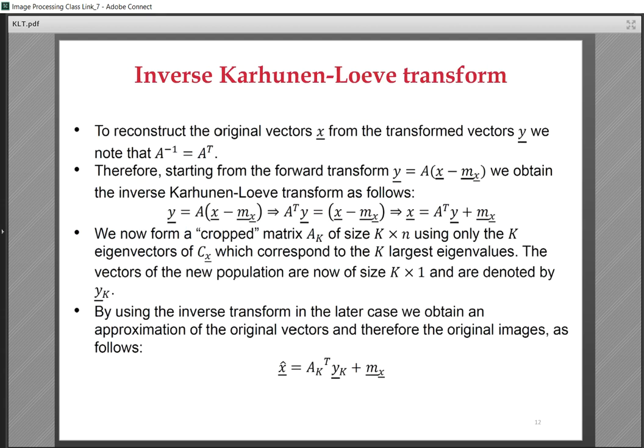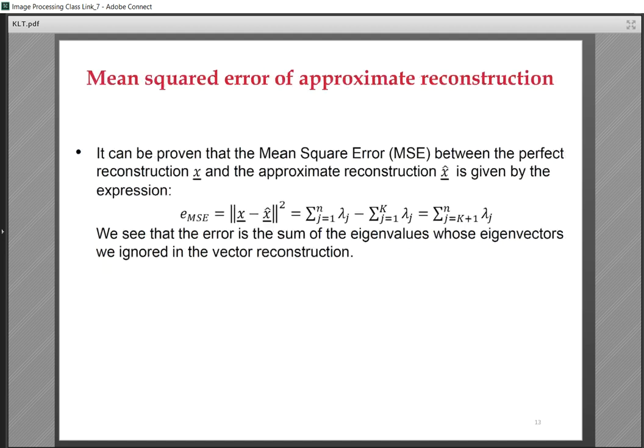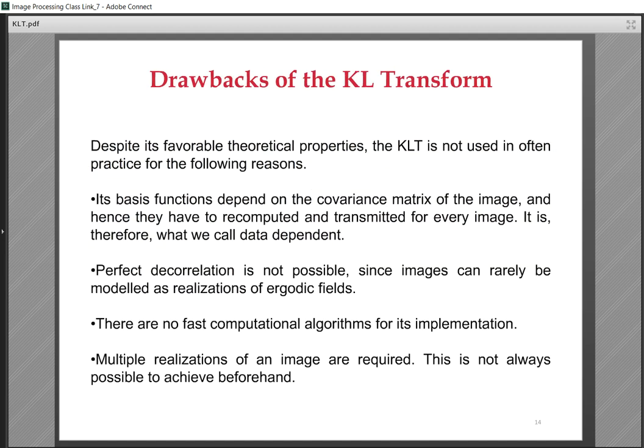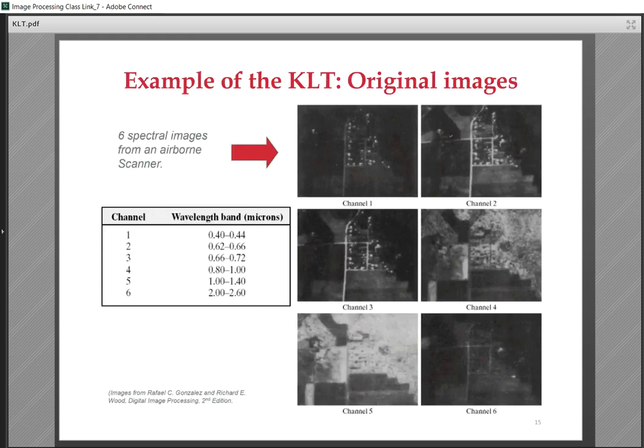We need mx, and for calculating mx, the mean, we need multiple realizations of an image, and maybe in some situations this isn't achievable. This is another drawback. Go to the next slide.